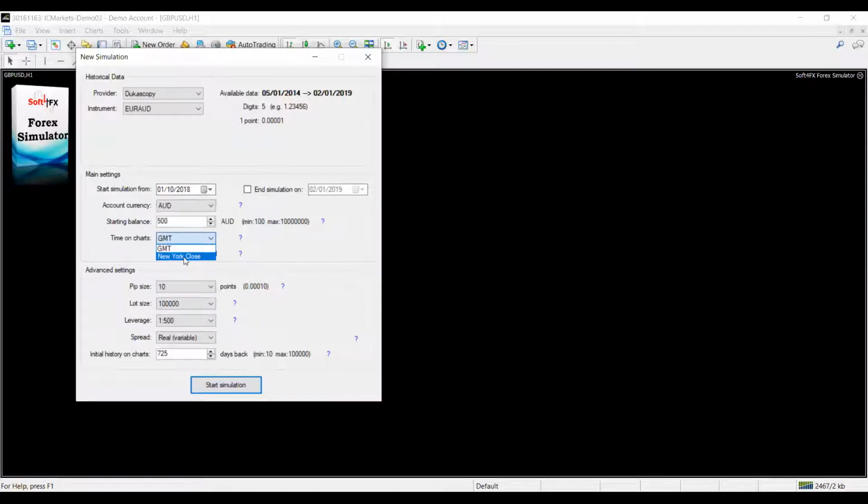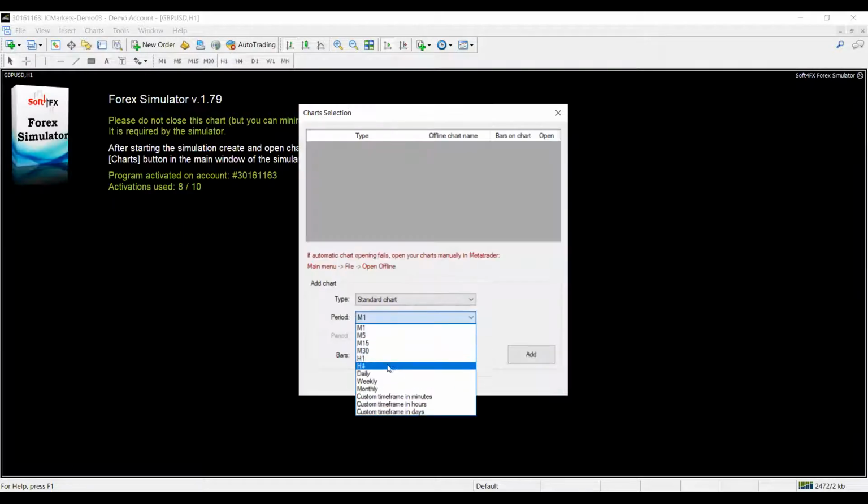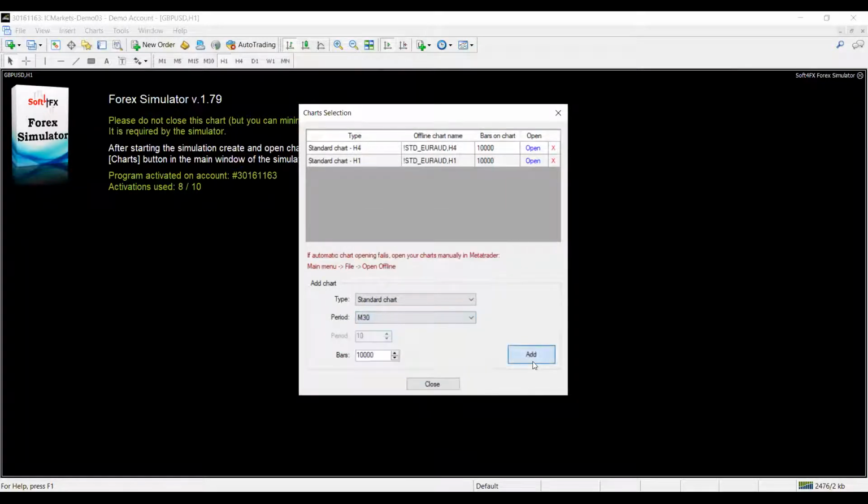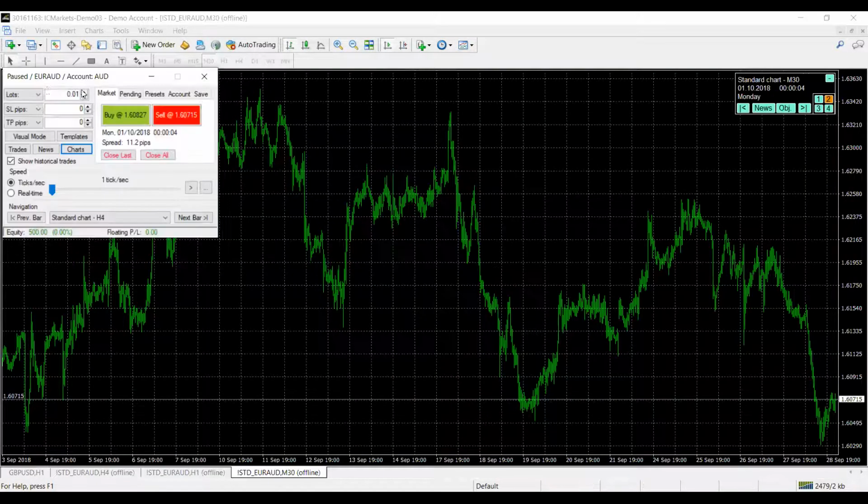And New York close. So we have the 1st of the 10th, 2018, Euro Aussie dollar 500, New York close, 1 to 500, 725 start. Chart. Okay, good. Add. So let's go 4 hour, 1 hour, 30-minute close. Cool, let's change this to risk percent, 2.5.